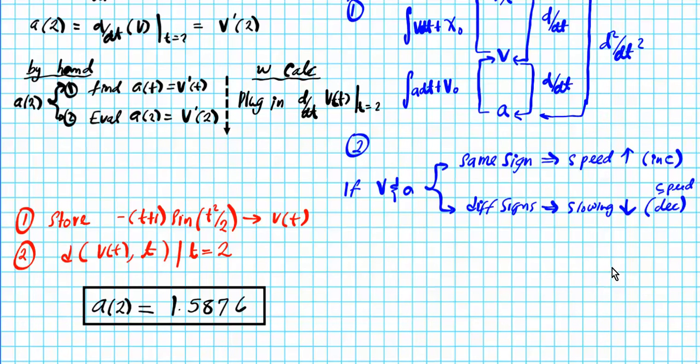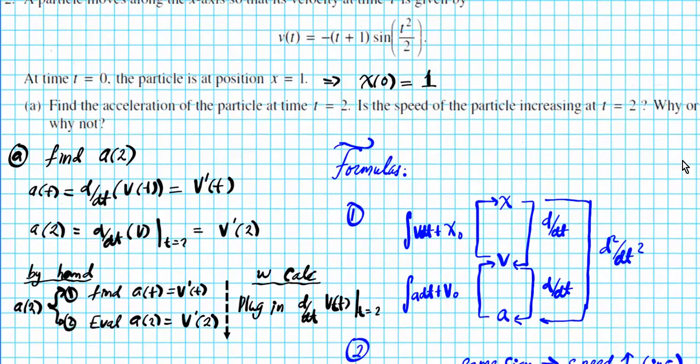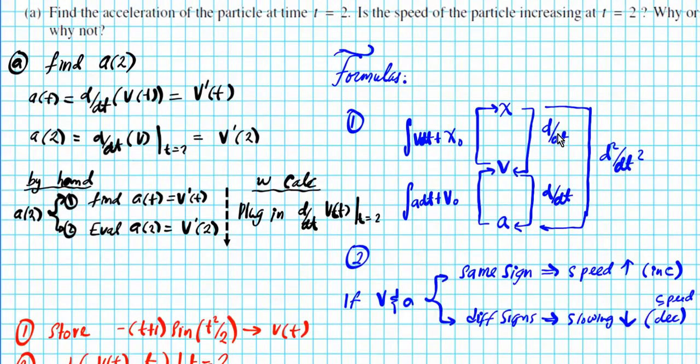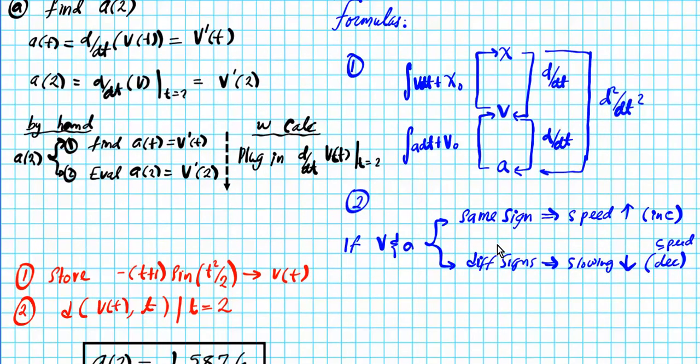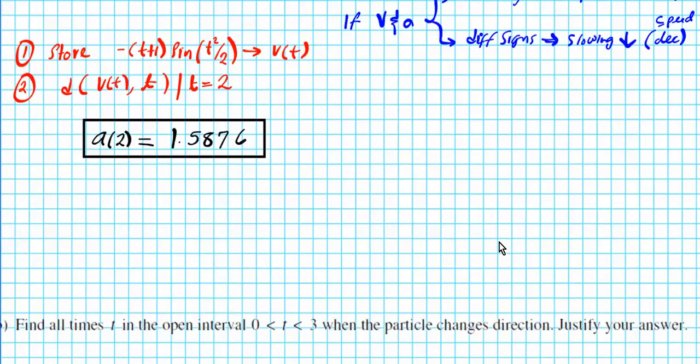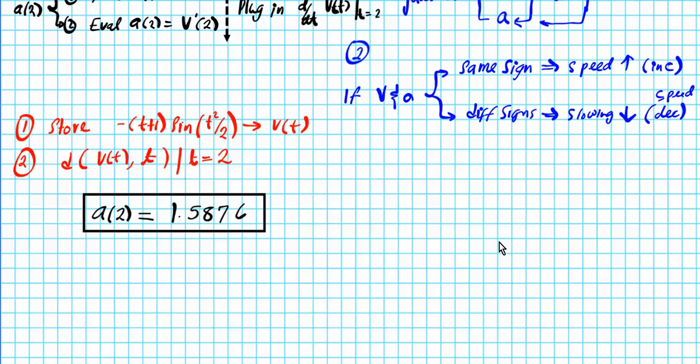Now, we're not done with problem 1a. There's another question there. It says, is the speed of the particle increasing or decreasing? Why or why not? So we're going to be using formula 2 here. For speed increasing or decreasing, we're going to be looking at the signs of the velocity and the acceleration. So we need to look at what v of 2 is.